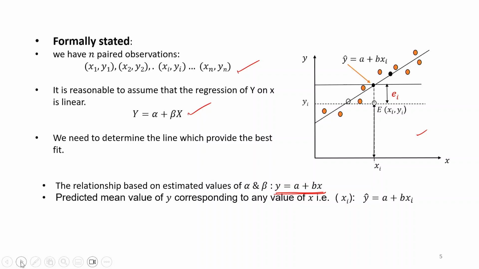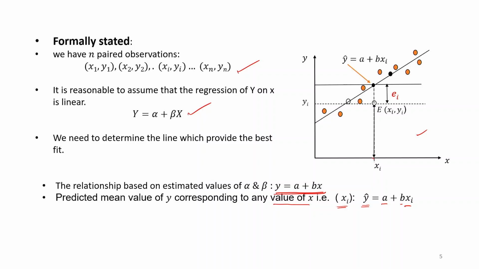So the predicted mean value of y for a value of x, which is xi, will be what? This is an estimated value, so we will not write y, we write it as y hat. The hat indicates the estimated value, and we use the equation a plus b, where x is replaced by a specific value of x, which is xi.